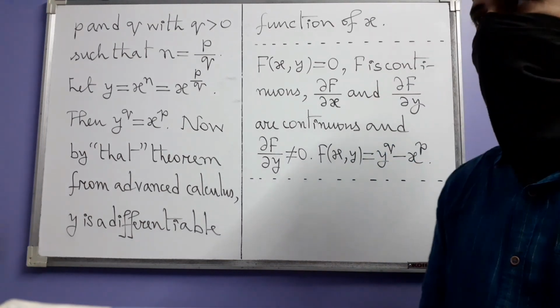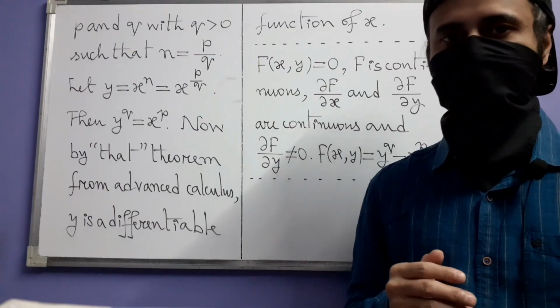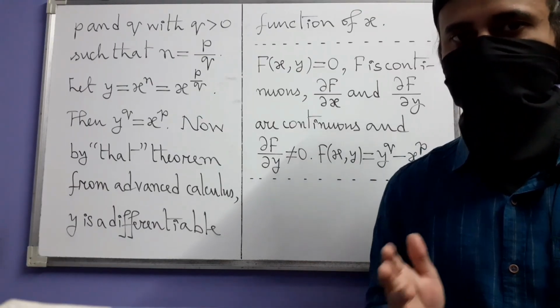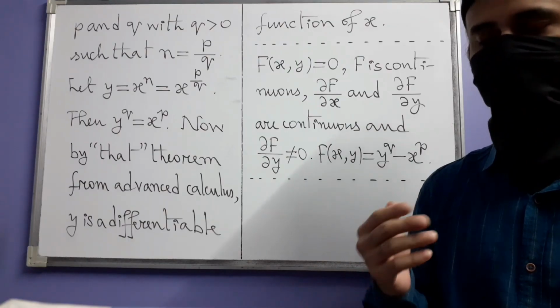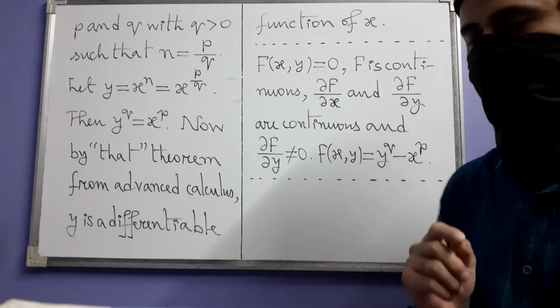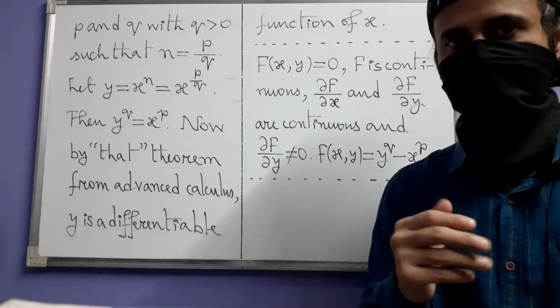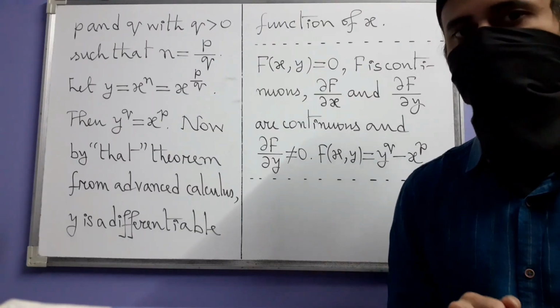We began the section by considering some equations, and we wanted to differentiate both sides of those equations with respect to x, treating y, those equations involved x and y, treating y as a differentiable function of x. And that is how the process of implicit differentiation was explained.